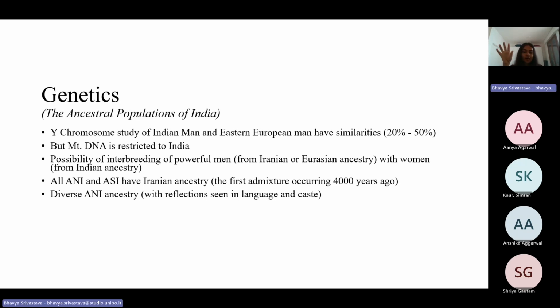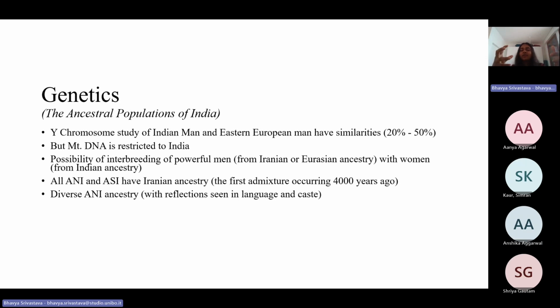But the mitochondrial DNA, which if you remember comes from the mother's side, was largely restricted to India. So what does it say? That from the paternal side, from the side of men, there were Near Easterners coming into India, interbreeding with women of the country, producing offspring, because of which we all have West Eurasian ancestry in us.